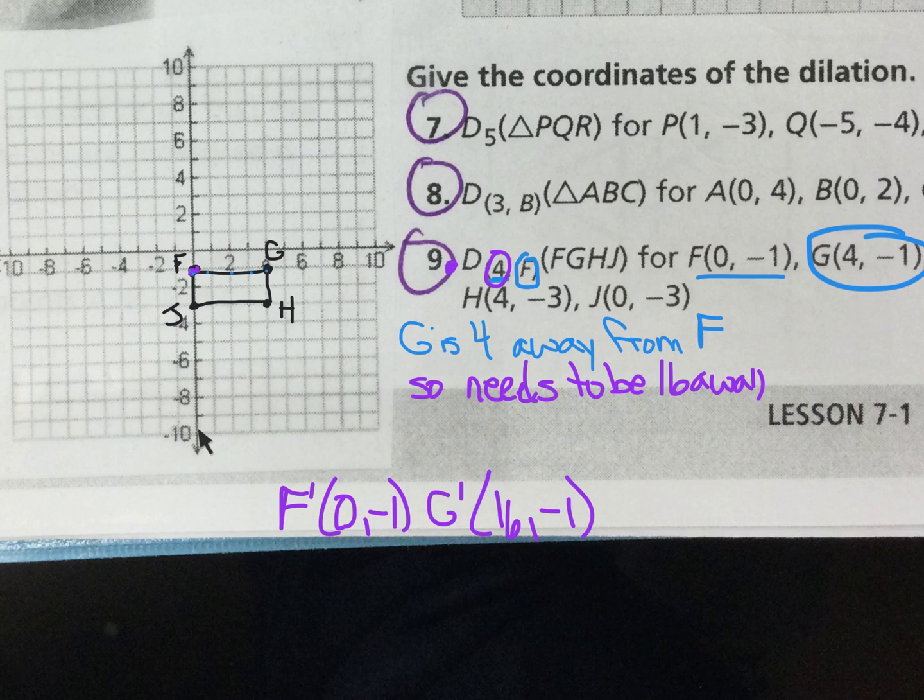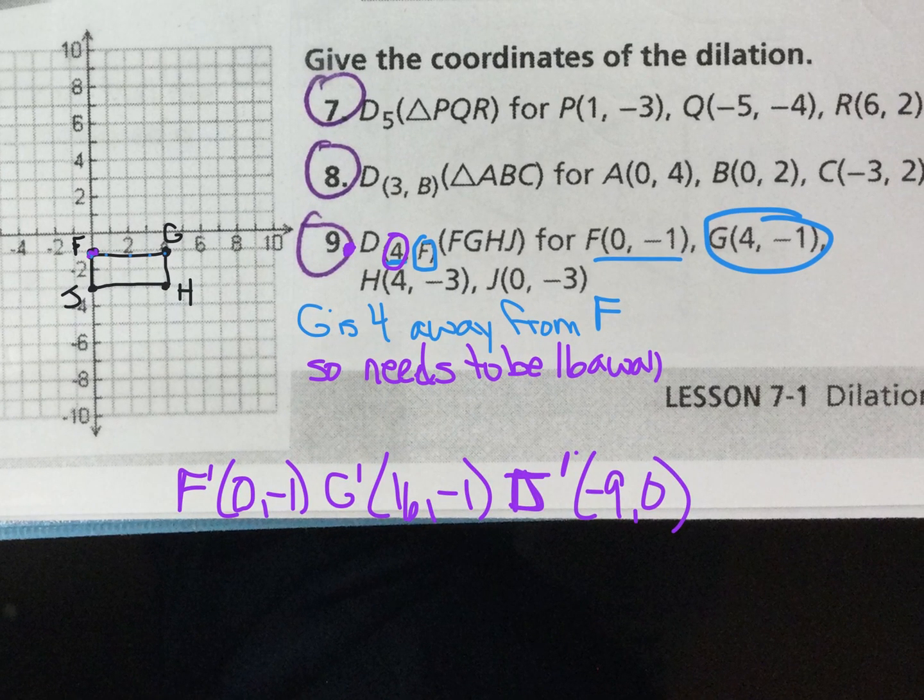And then J is at -9. Whoops. Oops, I put F. J prime is at -9, 0. Whoops. How about 0, -9? 0, -9. All right, and now let's do H.